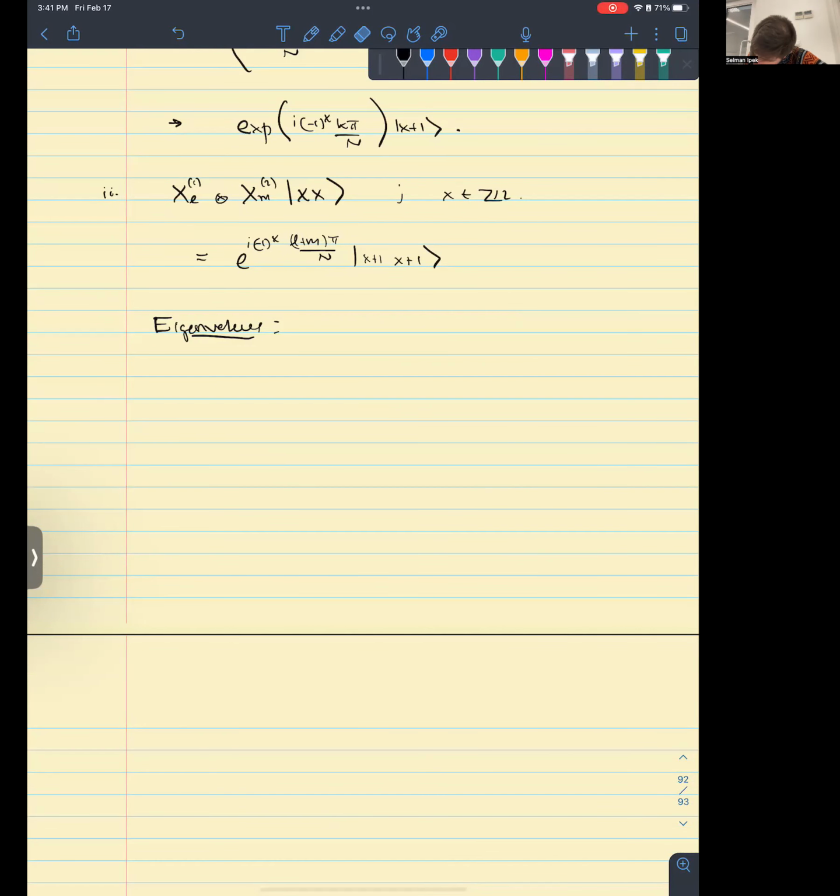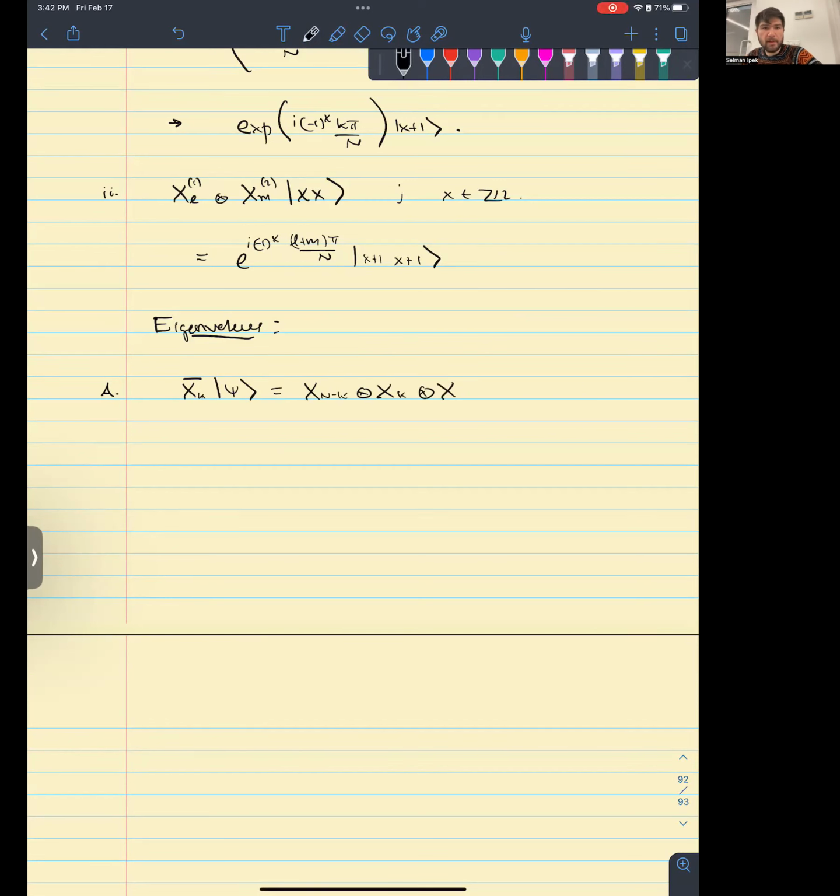The first one, we will look at X_k bar acting on psi. This one is not so hard to compute, so I will just do it so that we get the gist of the idea. X_{n-k} tensor X_k tensor X.